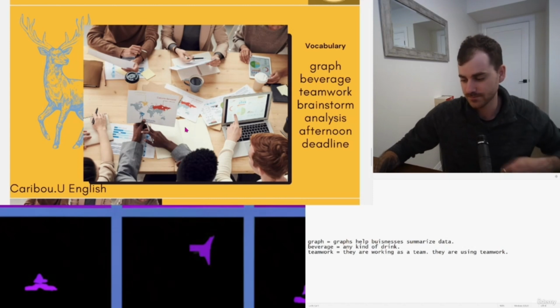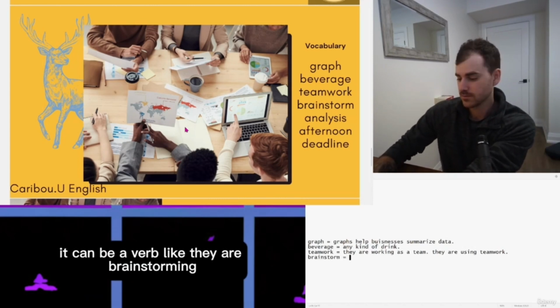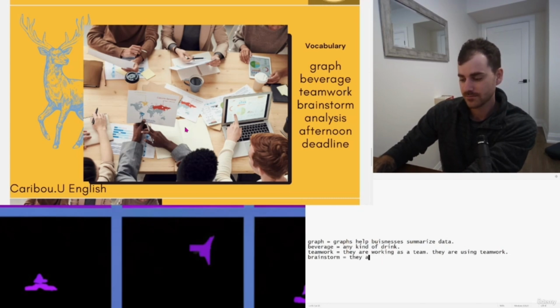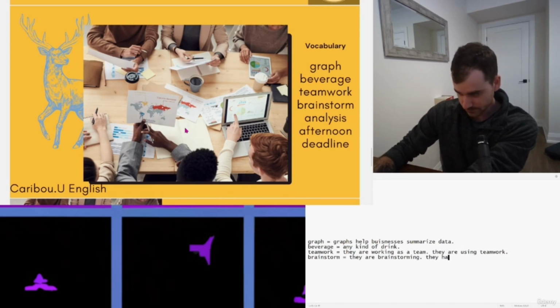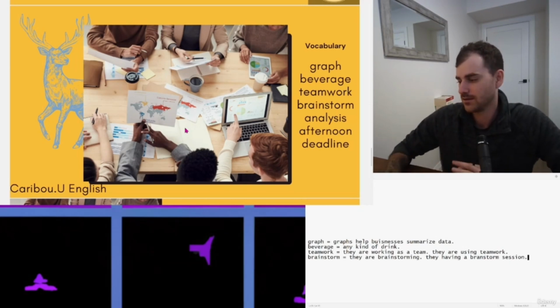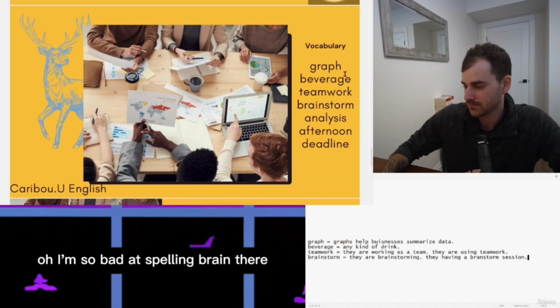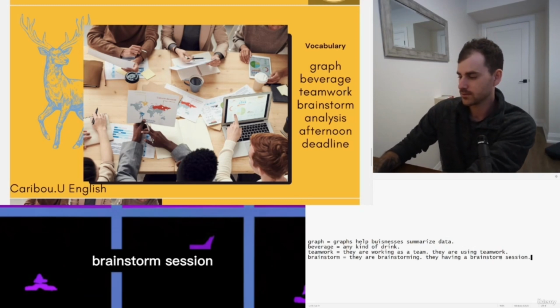And brainstorm, it can be a verb, like they are brainstorming. Or it could be a noun. You could say, they're having a brainstorm session. Oh, I'm so bad at spelling. Brain. There. Brainstorm session.